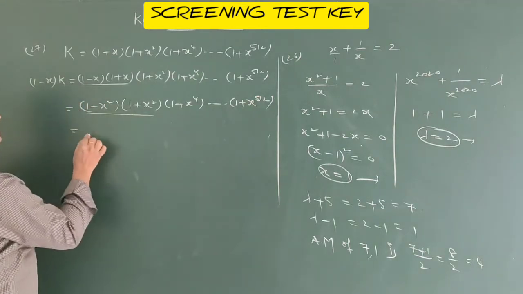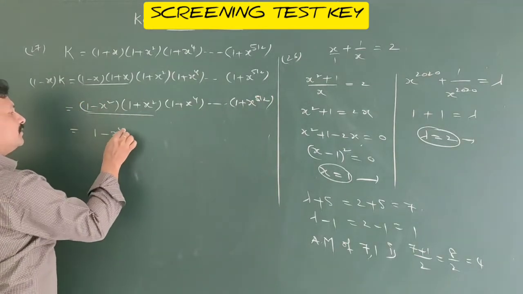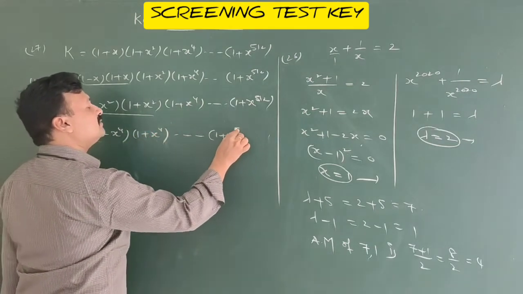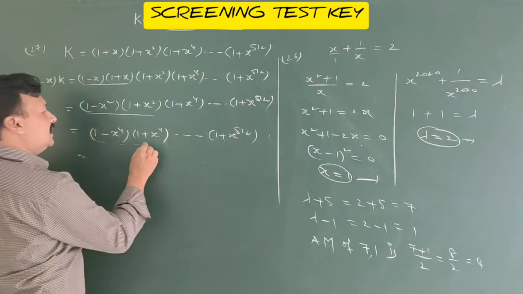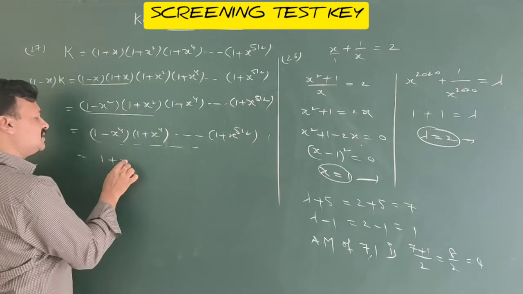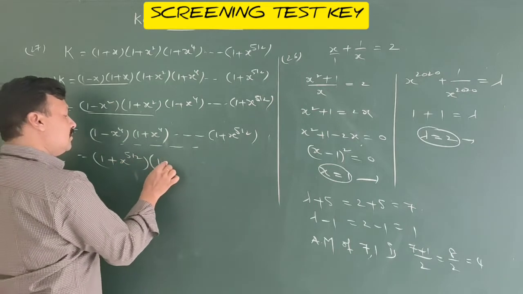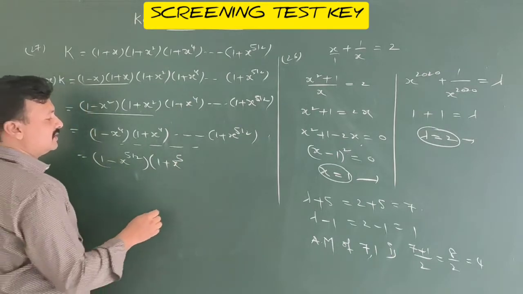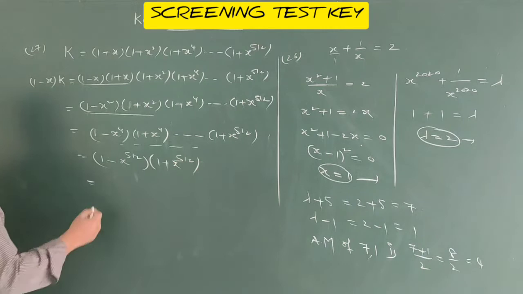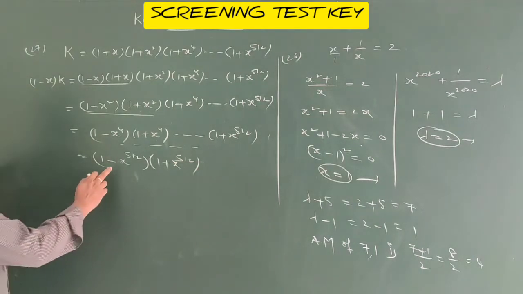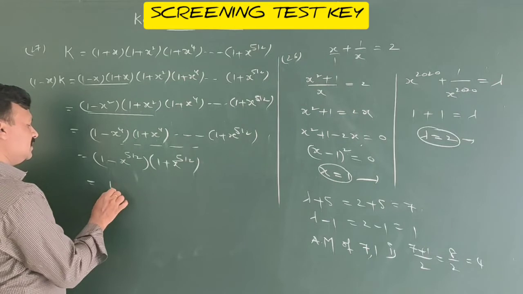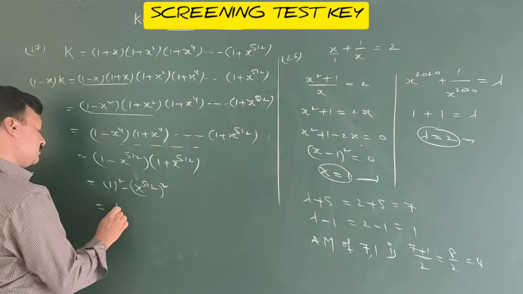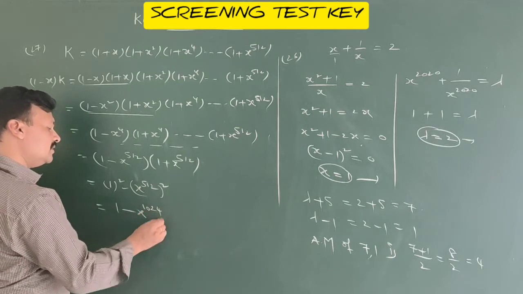So here 1 minus x power 4 into 1 plus x power 4, and so on, until you get (1 plus x power 512) into (1 minus x power 512). Again (a minus b) into (a plus b) is a square minus b square. So here 1 minus x power 1024.